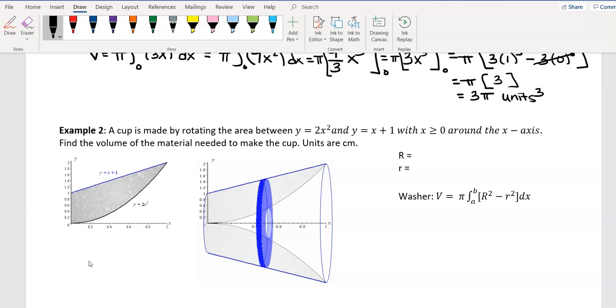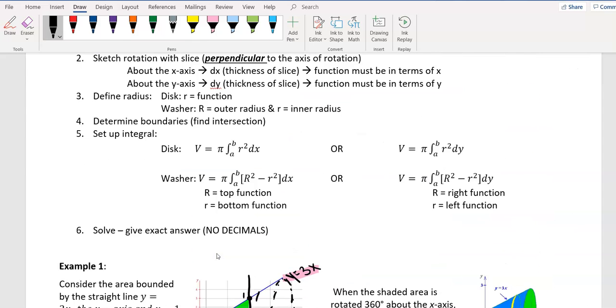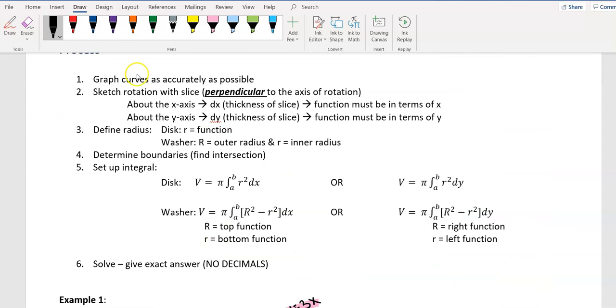Find the volume of the material needed to make the cup. Units are centimeters. So, before we get into solving this one, let's just go back up and refresh ourselves with the steps. So step 1 is we need to graph the curves as accurately as possible.